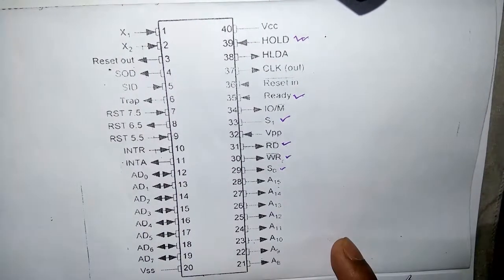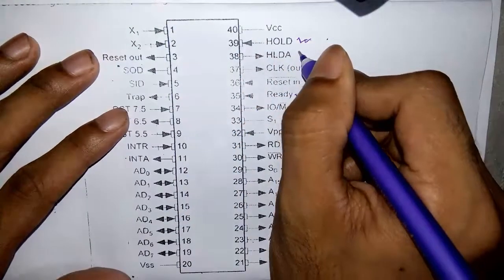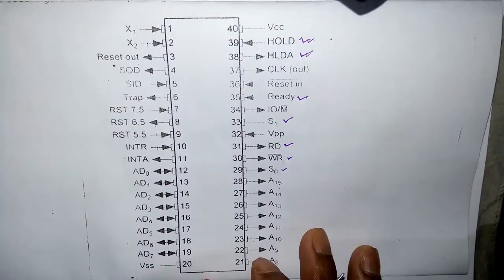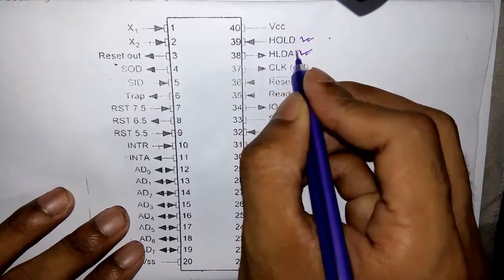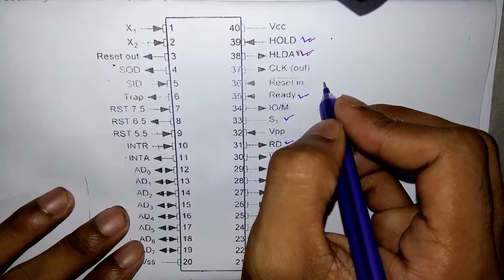Now I discuss HLDA. So actually what is that? The hold acknowledge indicates that the CPU has received the hold request, and that it will relinquish the buses in the next clock cycle.